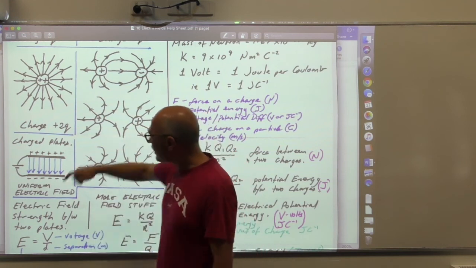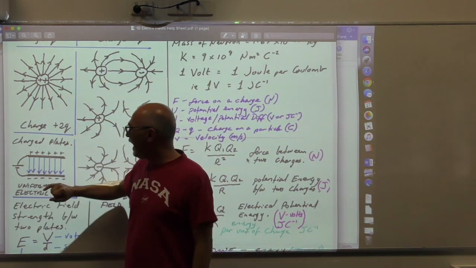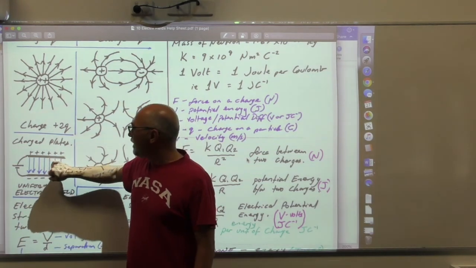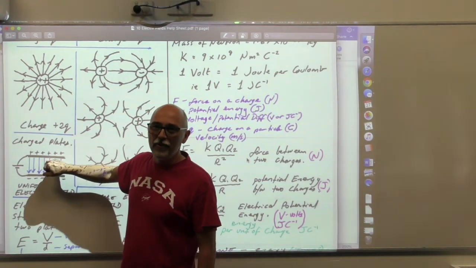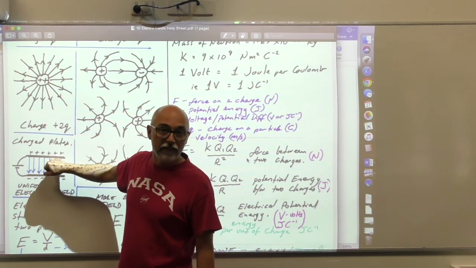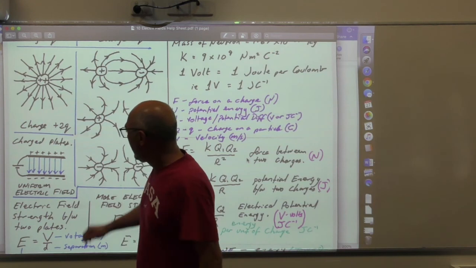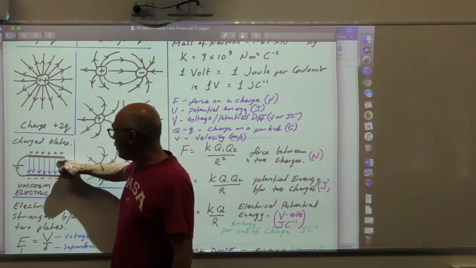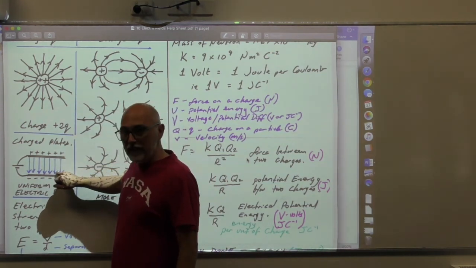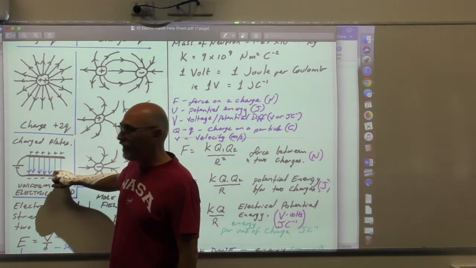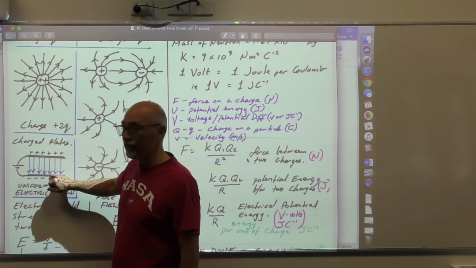So if I put this positive charge in here and move it from the middle to the upper plate, obviously the proton is not going to want to be anywhere near that positive plate because it is positively charged. It's going to try and get away from it. Likewise, if I move it towards this part of the plate, well then yeah, it's going to really want to be there. It's going to be very easy to move a proton towards this part of the plate.